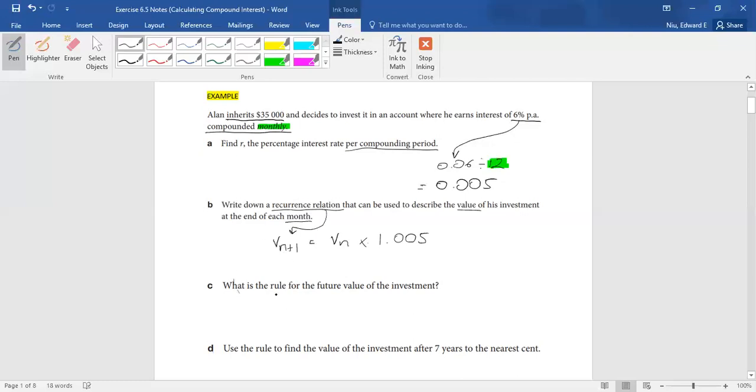What is the rule? Whenever we see the rule, we have to think V(n).